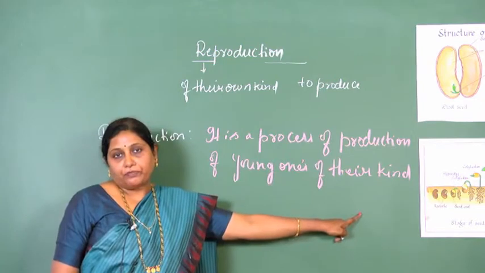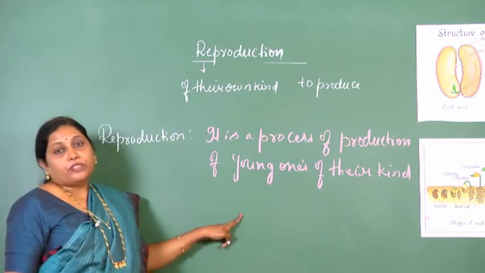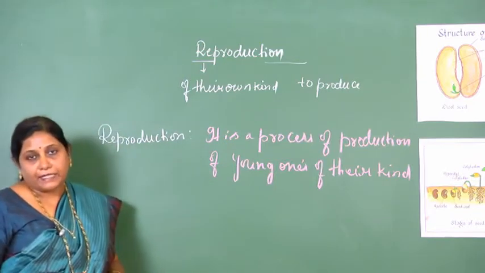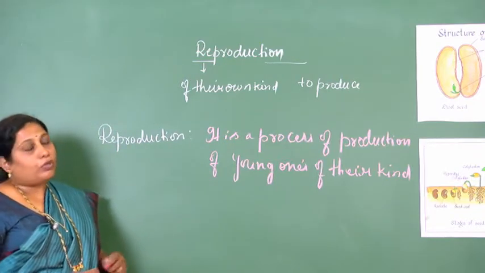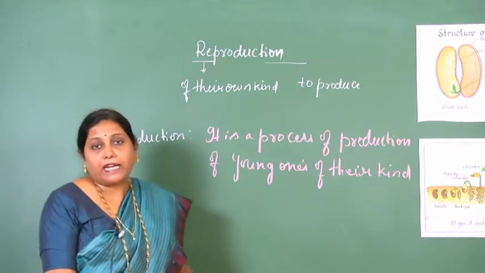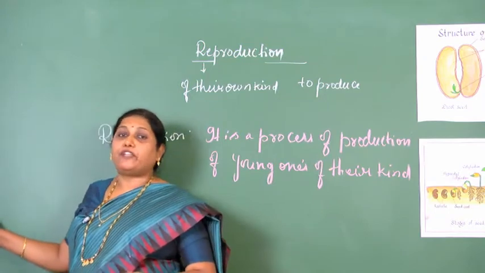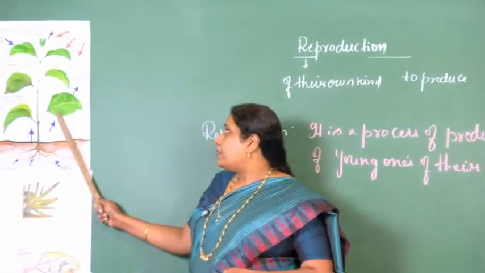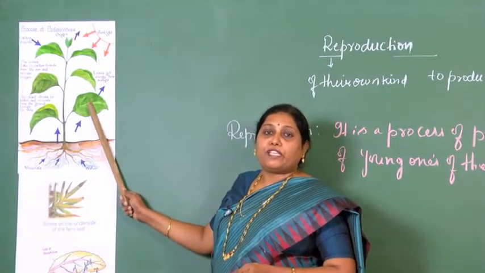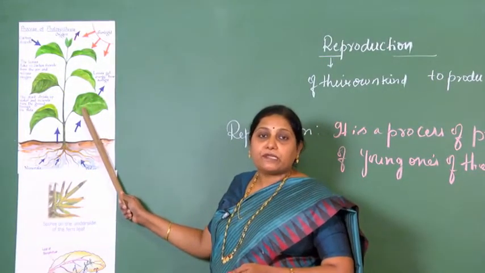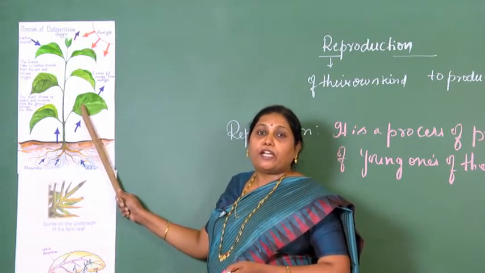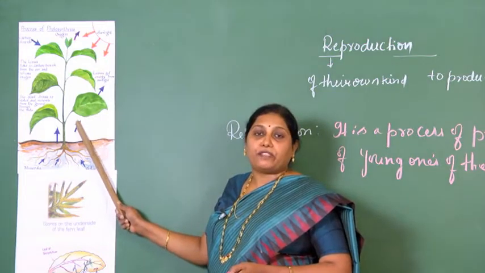Isn't it? Here, plants also belong to the group of living organisms. So, plants are amazing. Do you know, students? Plants are very useful to us. The plants give us many useful things like food, medicines, rubber, paper, wood, and also oxygen for breathing.